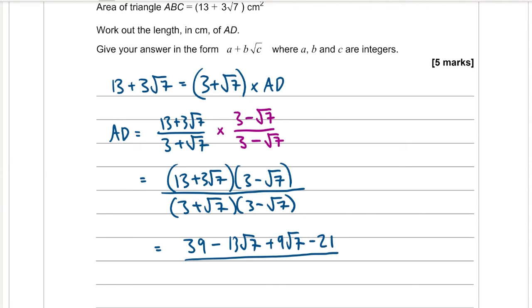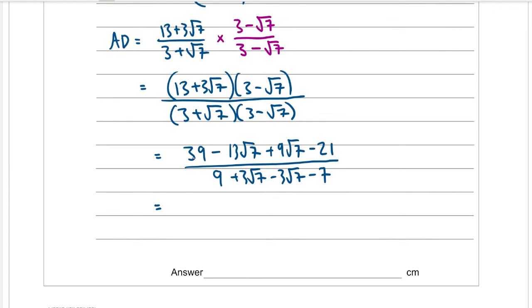And that is all over 3 by 3 is 9. Root 7 times 3 is plus 3 root 7, and then 3 times minus root 7 is minus 3 root 7. They will cancel as they always will do. And again, root 7 times root 7 is 7, but there's a minus sign there.